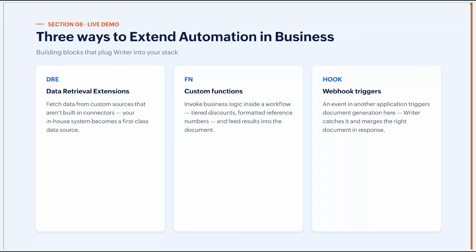This means an external event such as a form submission or a field update in CRM or spreadsheet, which is something happening in another application entirely, can trigger document generation in Zoho Writer. So when your custom app triggers an event, Writer will catch it and automatically merge and generate a document correctly in the response. So let me show you where you'll have these options to make use of these.